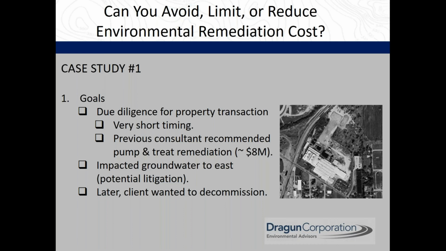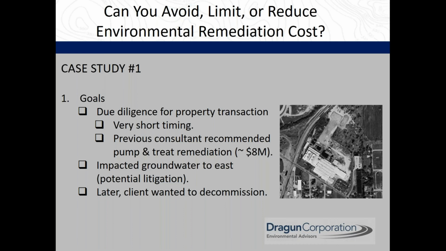There's very short timing left because their consultant used up 4.5 of the 5 years allotted for this. And that consultant came up with the recommendation that you do pump and treat, and that was about $8 million. So the client kind of got their attention, $8 million, and they asked us to do a peer review.